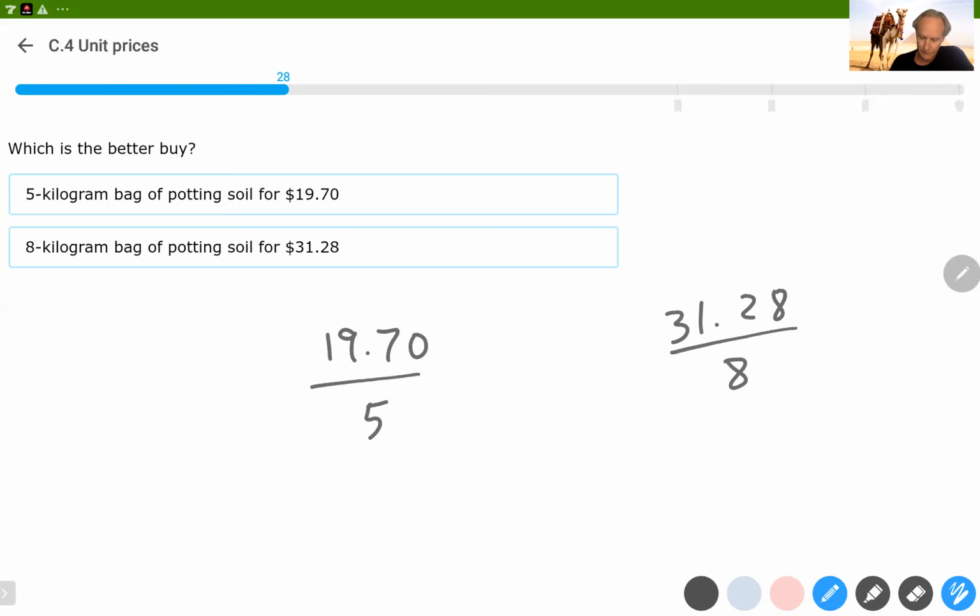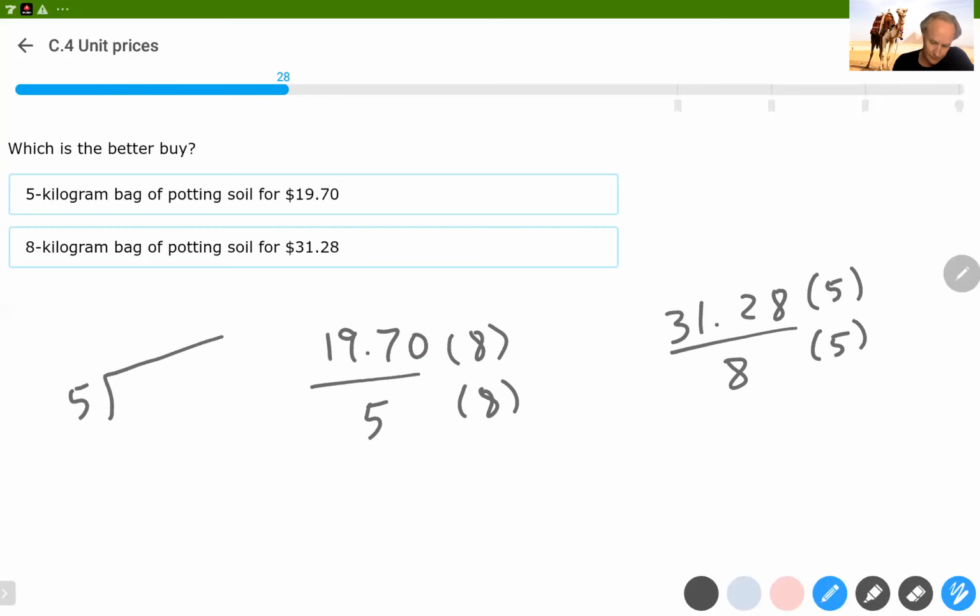Basically, when you're cross multiplying, what you're doing is getting a common denominator. By multiplying this one by 5 on the top and bottom, and this one by 8 on the top and bottom, you're basically determining this side as a common denominator and this side as a common denominator. So we're seeing which one is larger. In a lot of ways, multiplying is easier than dividing, but I'm going to go ahead and do the division and show you which one is better.